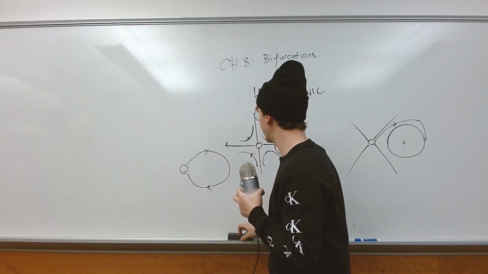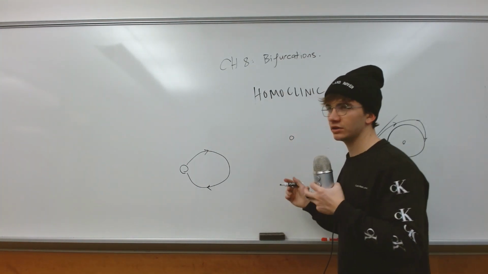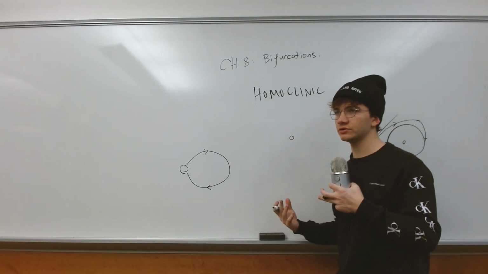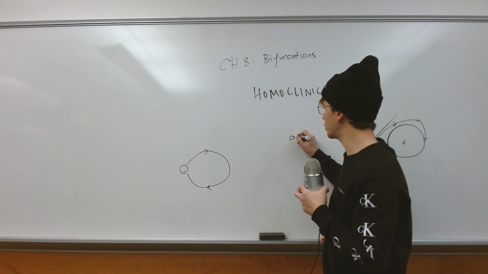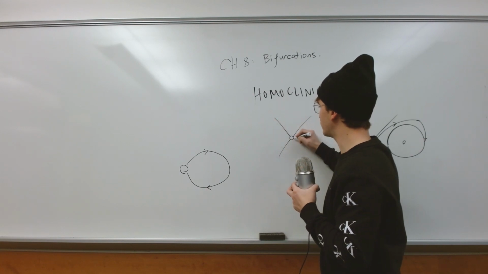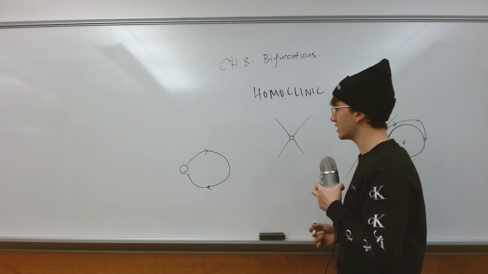And just a reminder, if you forget, if you take the eigenvalues of a saddle and then you take the eigenvectors, those will give you the stable and the unstable manifold. So the unstable manifold for the positive eigenvalue, the stable manifold for the negative eigenvalue.